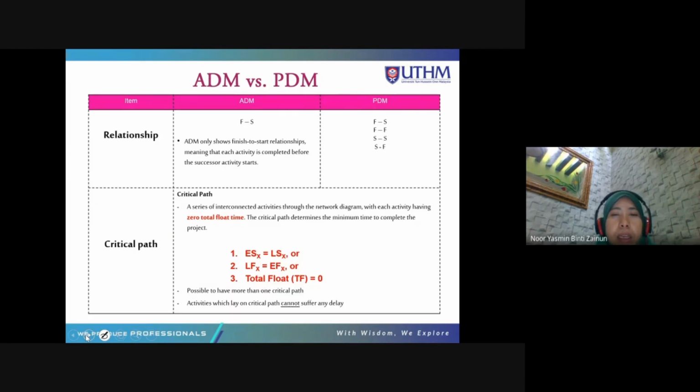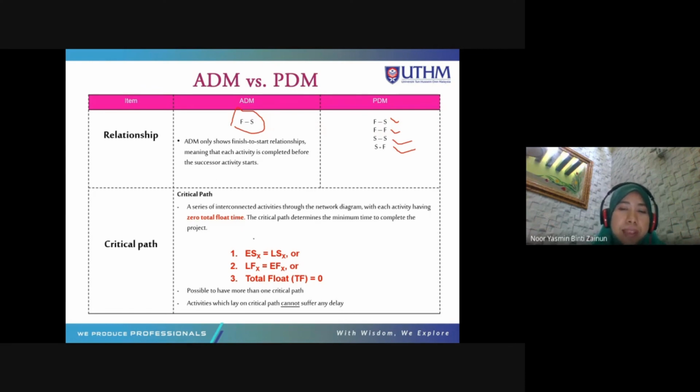And in ADM, the relationship is only finish to start. However, in PDM, we have finish to start, finish to finish, start to start, and also start to finish. We have 4 relationships compared to ADM, only 1 relationship. That's why in ADM, we have dummy, because a complicated relationship needs a dummy so that we can show the real relationship, okay?